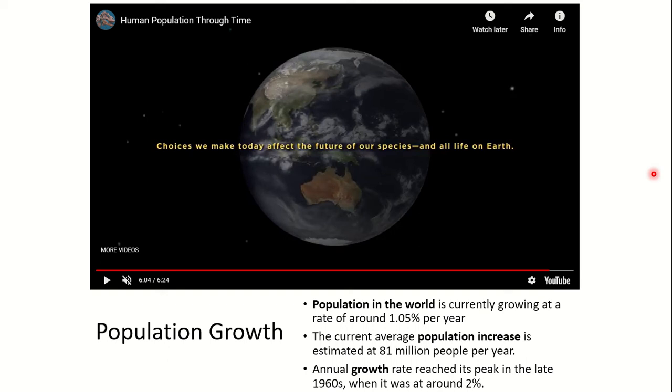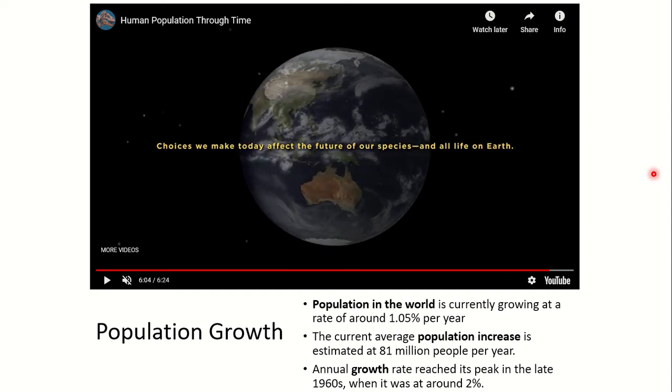The scale at which we cattle farm and food and plant farm also means that we are polluting on a scale that is growing ever more every year. So the total population of Earth is one of the biggest challenges to face our species, and controlling populations is something that we as governments and countries around the world are going to have to face up to.